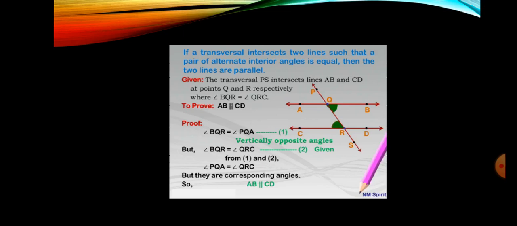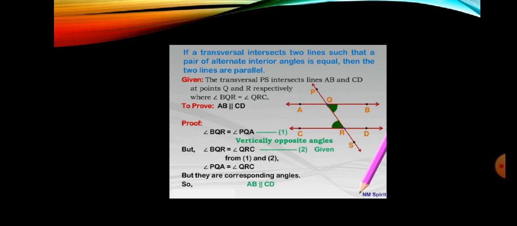Now we take angle BQR and angle PQA, which are equal as vertically opposite angles. And angle BQR is equal to angle QRC because that is the given part of the theorem.